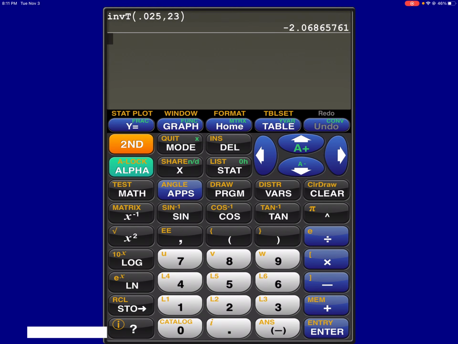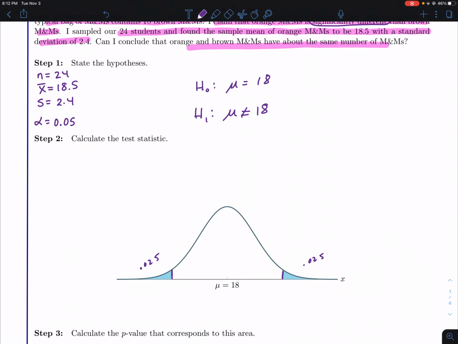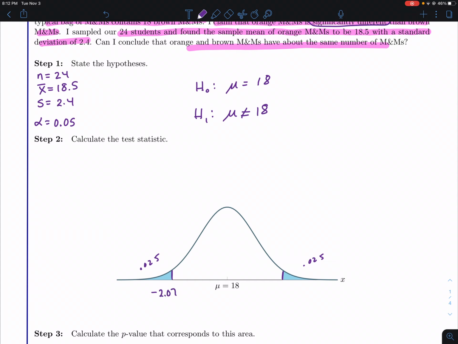That's going to give me a t-score of negative 2.07. That means the edge of this blue is going to be negative 2.07, and the upper will be exactly the same because it's symmetric.